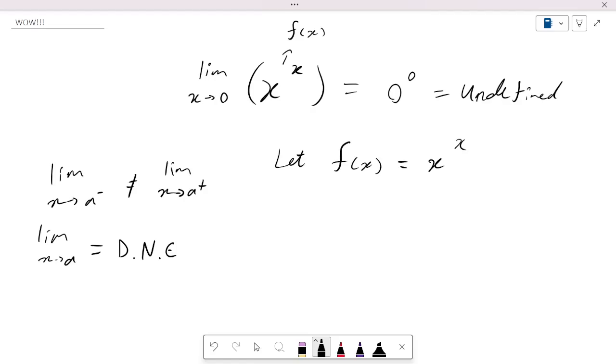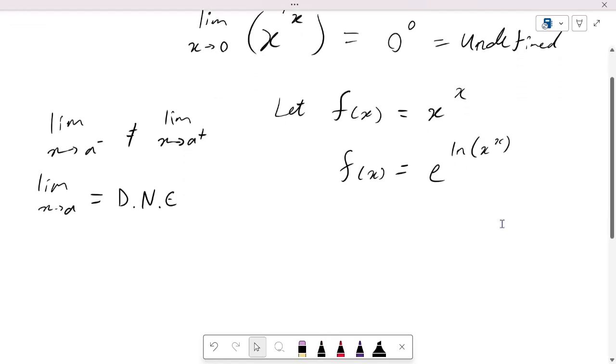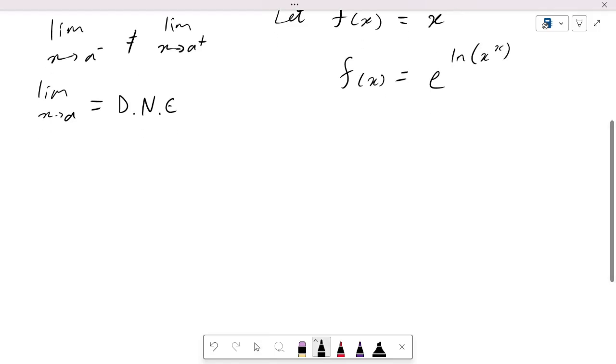So let's simplify it a little bit more so that we can have some type of exponential function. What we can do is also write this as e to the power of ln of x to the power of x. Because if you remember your logarithmic rules, if you have, let's say, for example, ln of anything, then in order to get rid of this, let's say we have ln of x is equal to 1.